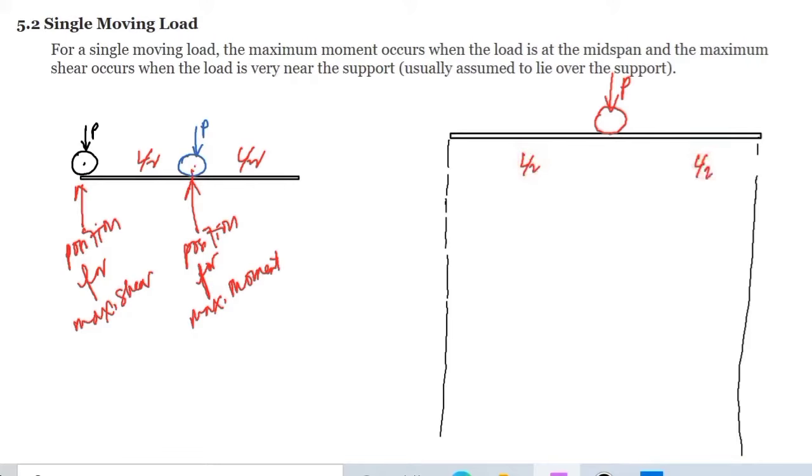Now for this, the reaction of the support will be equal to P over 2, and on the other side is also P over 2. How? For the shear diagram, we would have this.